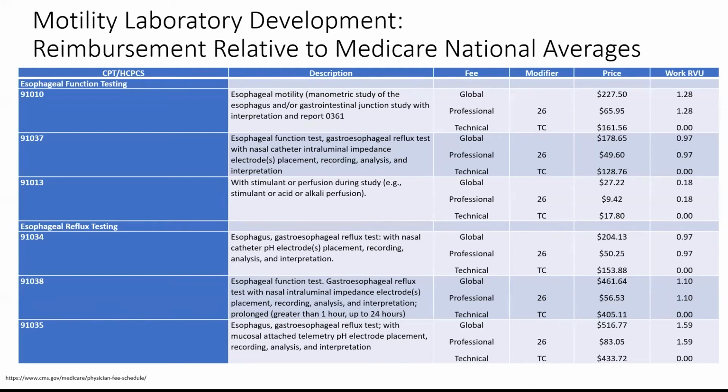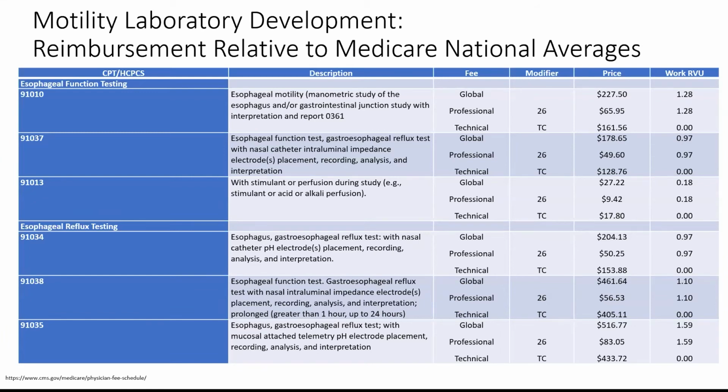So as you work through the description, when you're creating your smart phrase or your common note that you use, meet with a billing specialist, especially a CMS specialist at your local institution, and show them the note and the descriptions of all these codes and ask them, is this note appropriate for this code, or do I need to add something to make sure if we get audited, we are all on the same page?